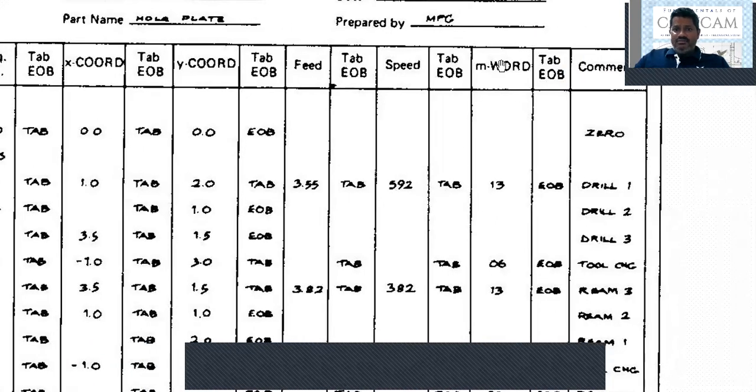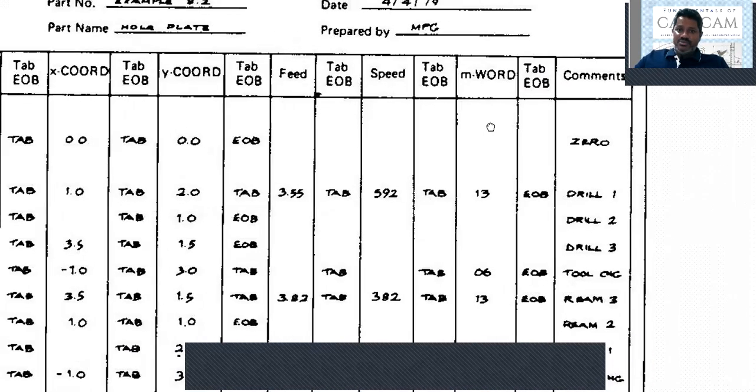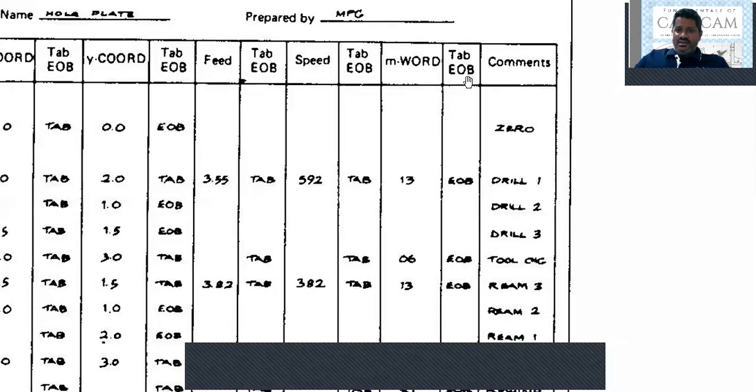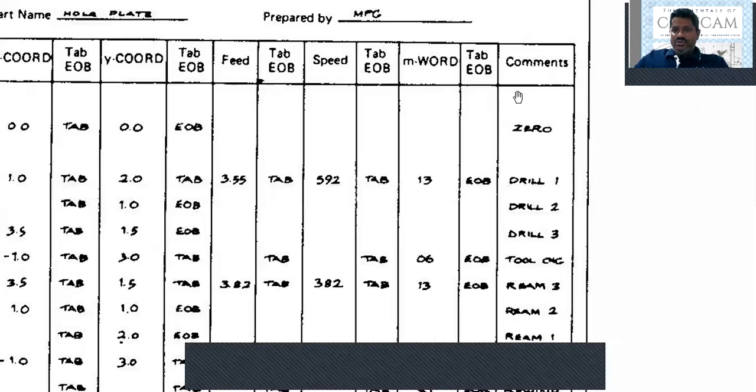Then the M word is one of the NC part programming types. The NC part program is written in different formats: word format, sequential tab format. Those are different types of NC part programming. This is one programming type. And then the end of the block here. Then you can also document the comments here: drill 1, drill 2, drill 3.